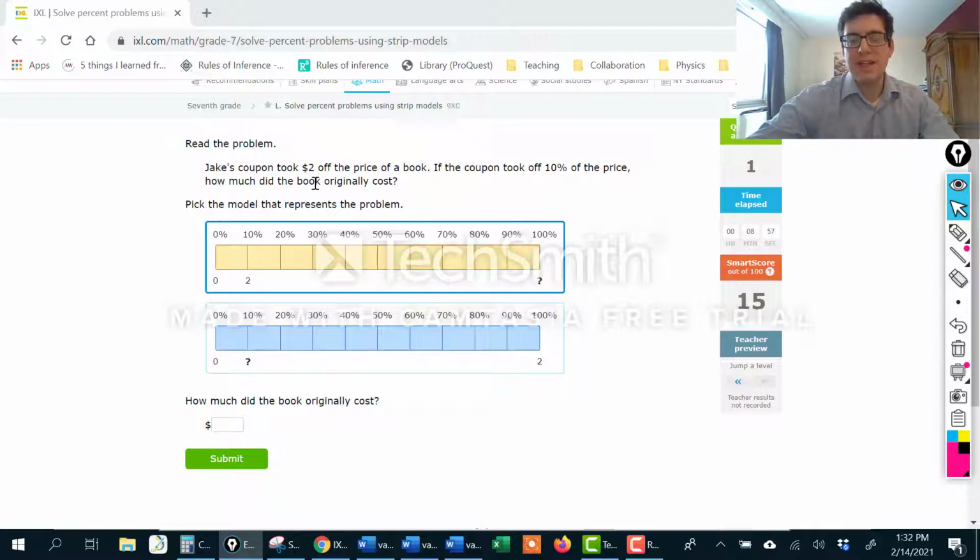$2 is what was taken off the price of the book, and as a percent, it was 10% of the price of the book that was taken off. So really, $2 is 10% of the full price of the book. That's what this model is telling us.